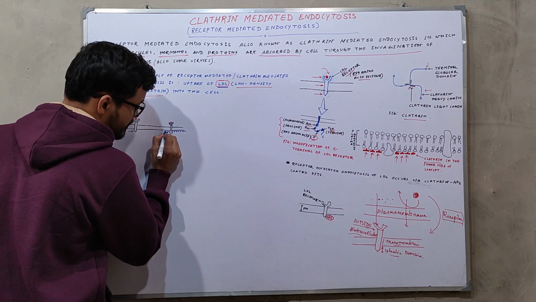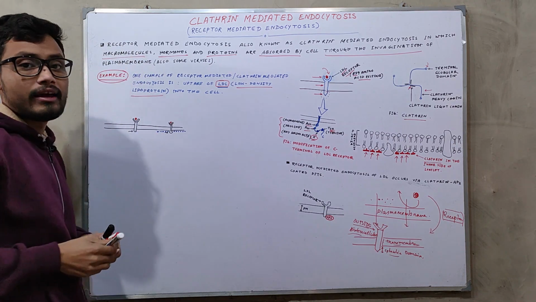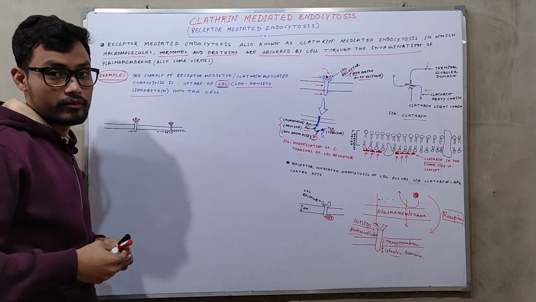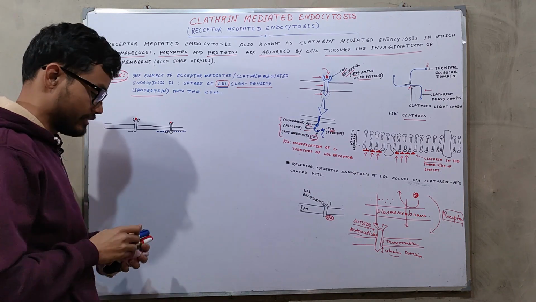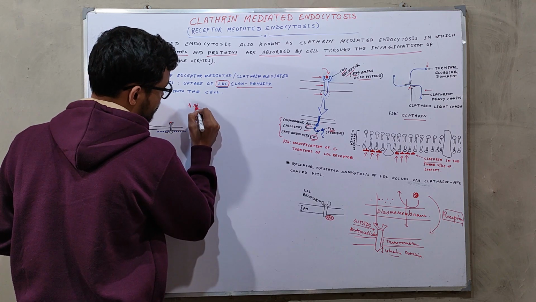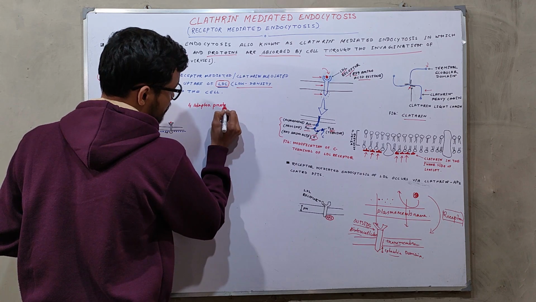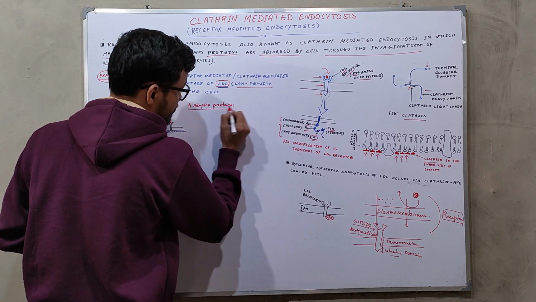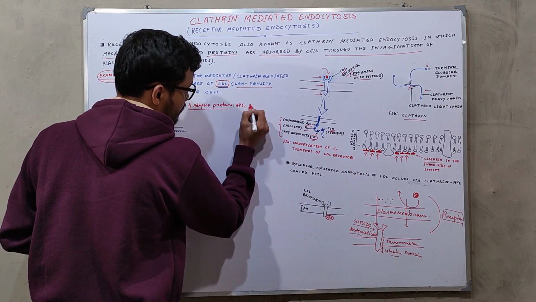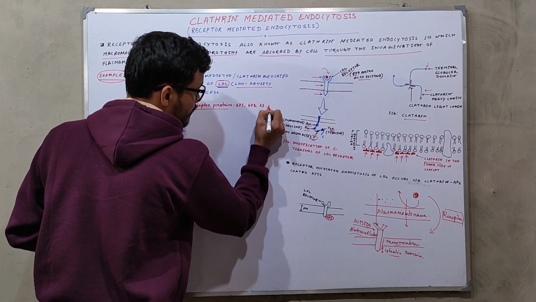inside of this plasma membrane, at the inner leaflet of the plasma membrane, but clathrin cannot work alone, it needs its adapter proteins, and clathrin has 4 adapter proteins, that is AP1, AP2, AP3 and AP4.